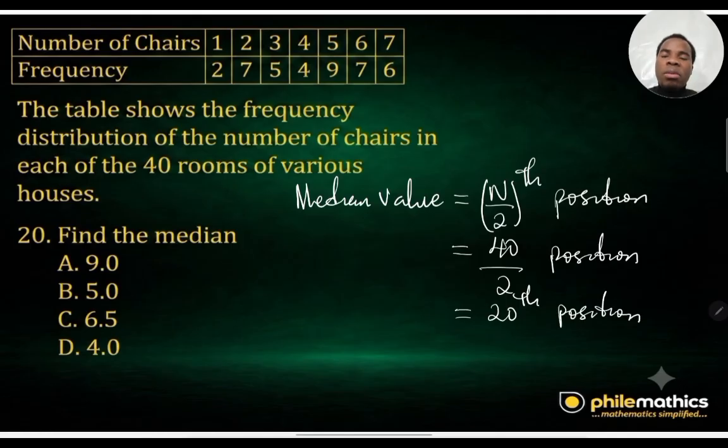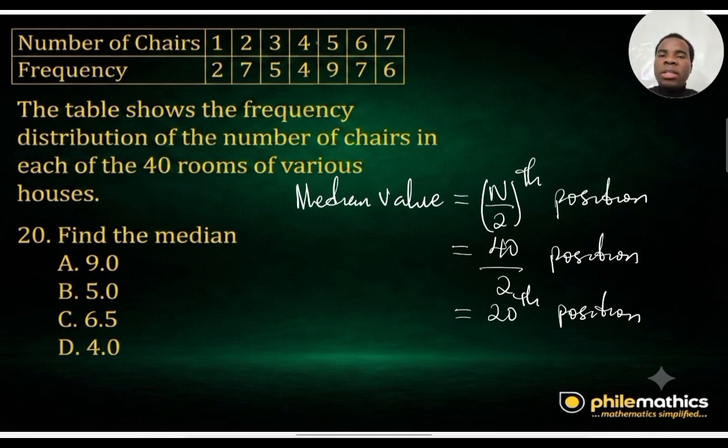From the frequency table, if we sum the frequency, which is the cumulative frequency, we look for the 20th position. 2 plus 7 gives 9. 9 plus 5 gives 14. 14 plus 4 gives 18. 18 plus 9 gives 27.